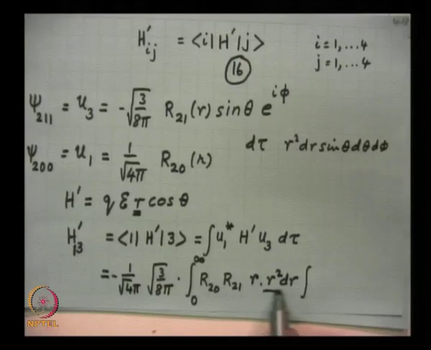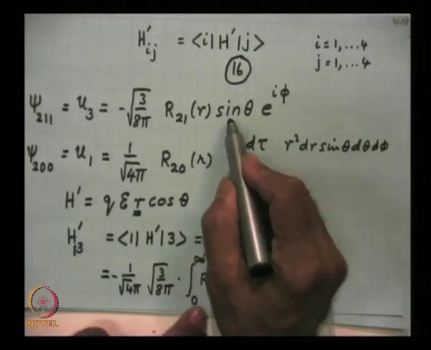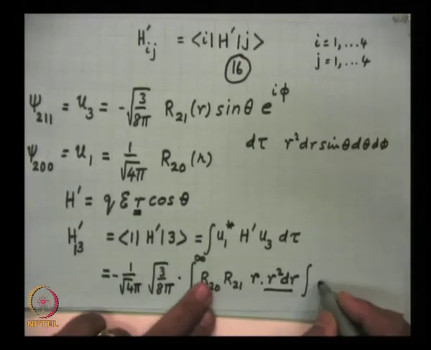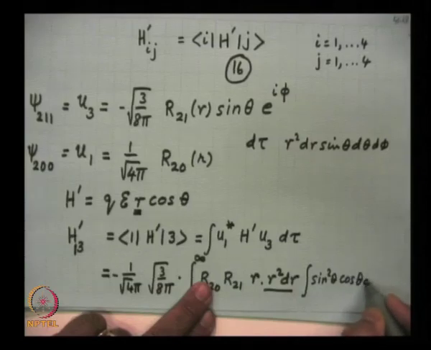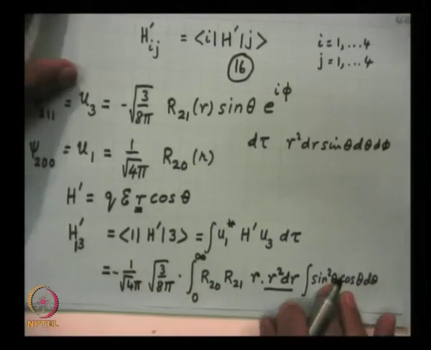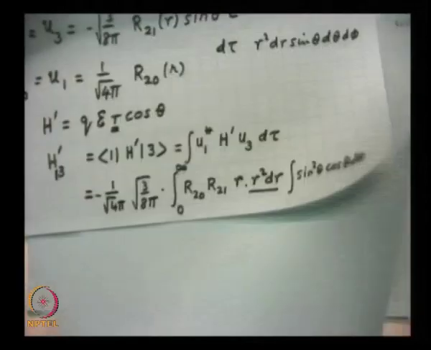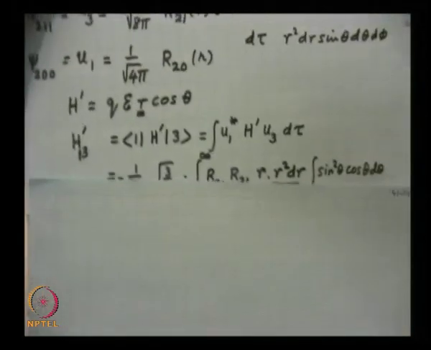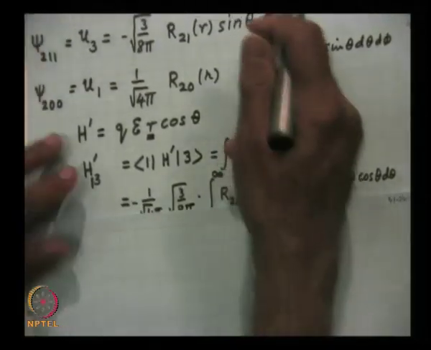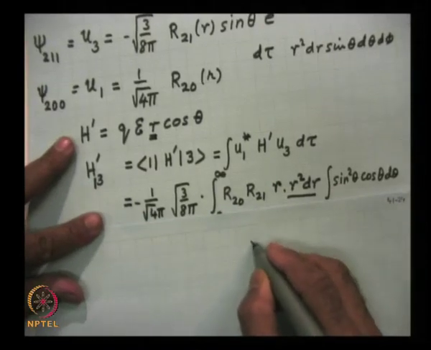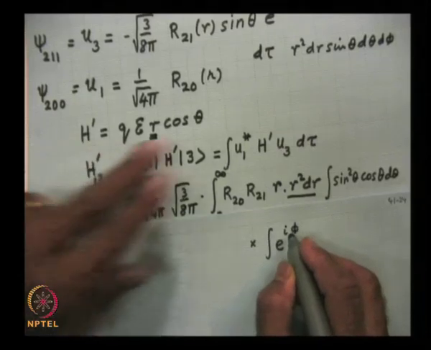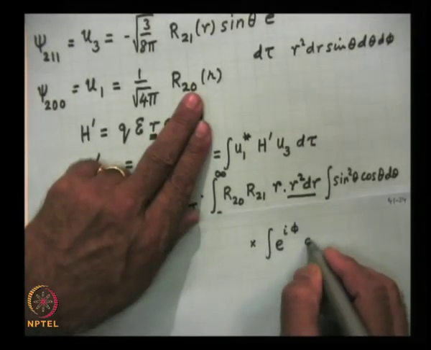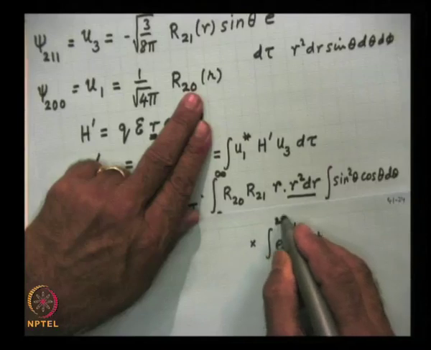So, r square dr I have taken. So, sin theta d theta multiplied by sin theta, so sin square theta cos theta d theta, and then the phi integral will be, that is the most important, e to the power of i phi multiplied by the e to the power of i phi from u 1, d phi from 0 to 2 pi.